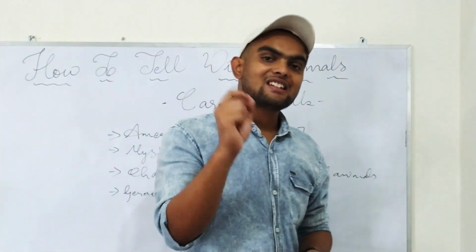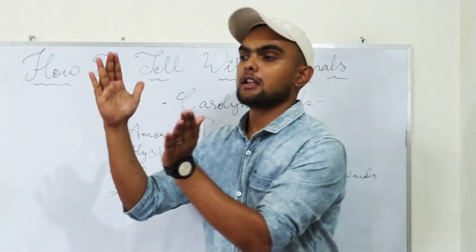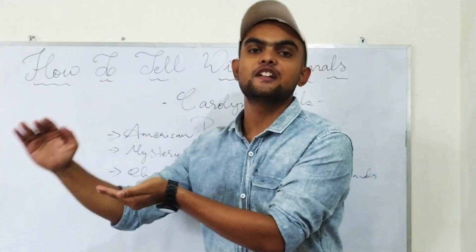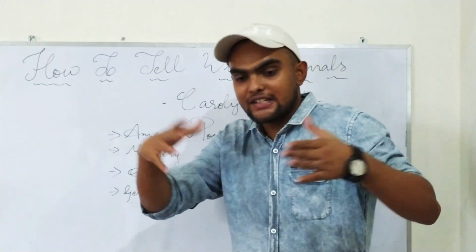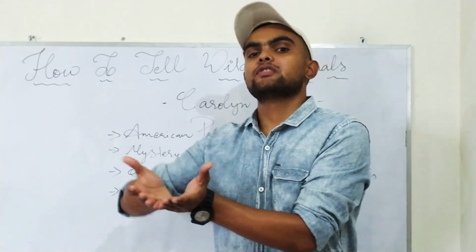And she generates a humorous way of expressing each line. So a humorous touch to every line which she mentioned in the poem. So this is just an introduction about the poem, and now we will start.